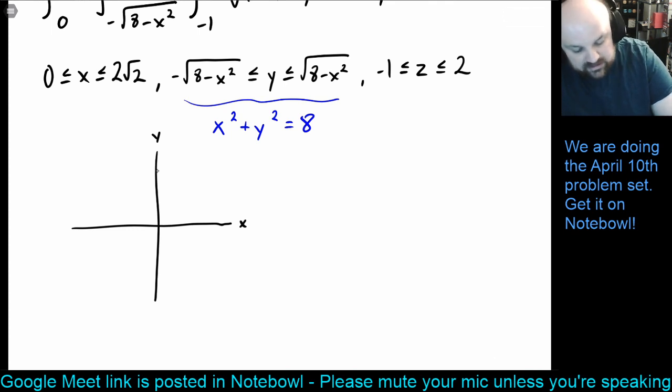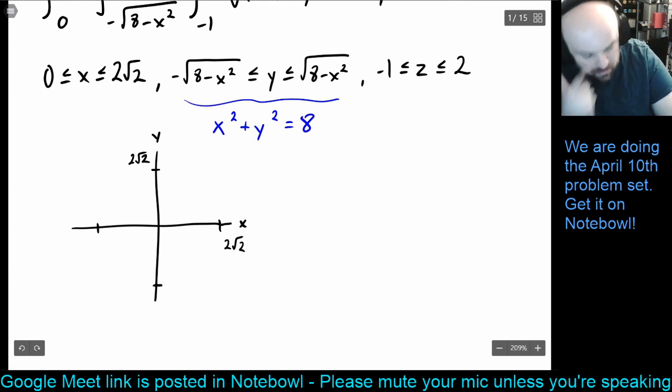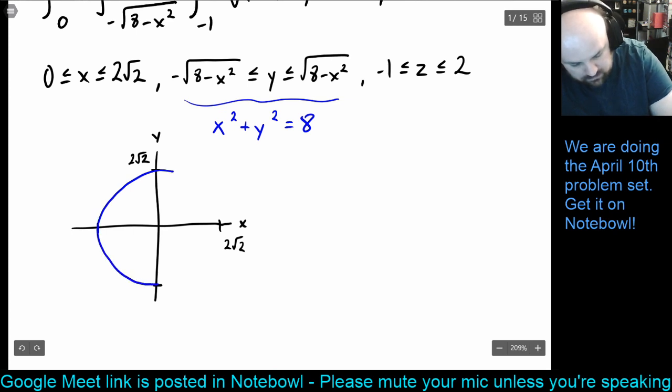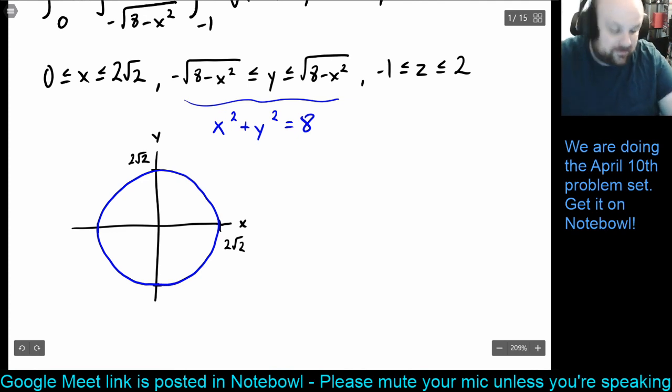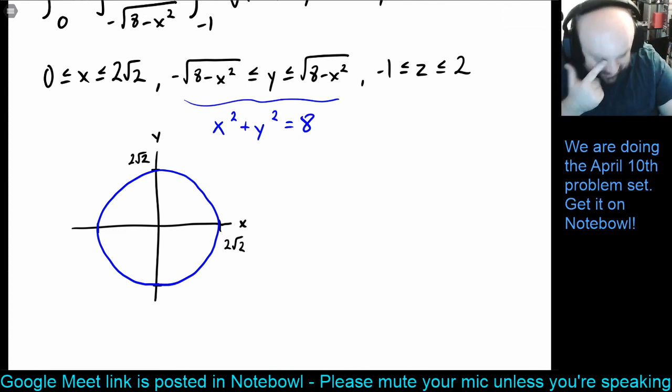So here, let's just say this is 2 root 2, and maybe these are the negative ones. And so here's our circle. This is probably the best circle I've drawn on this tablet yet.